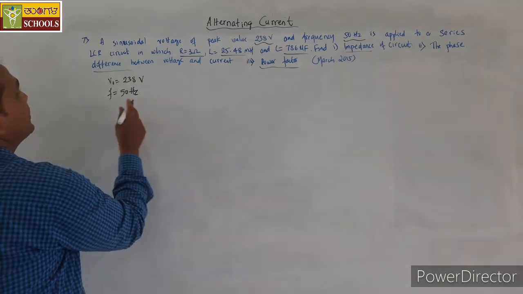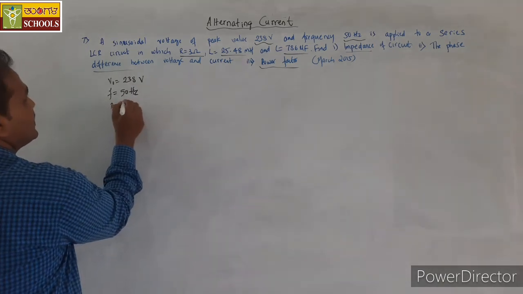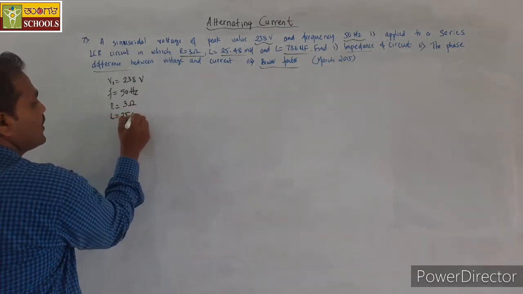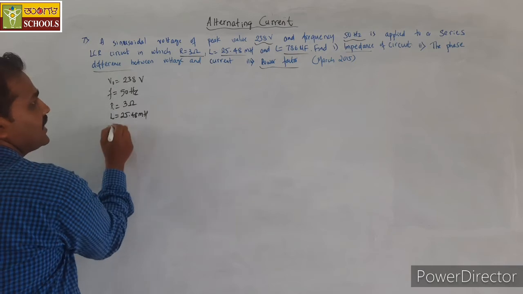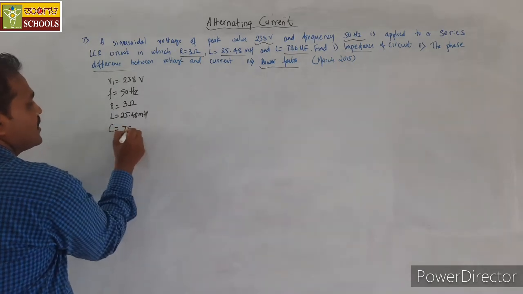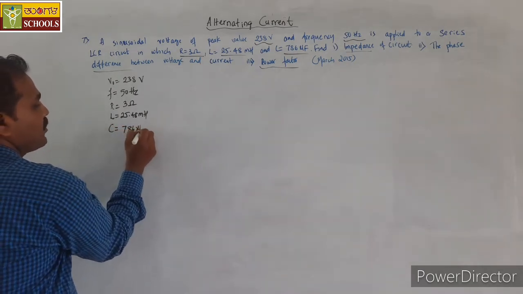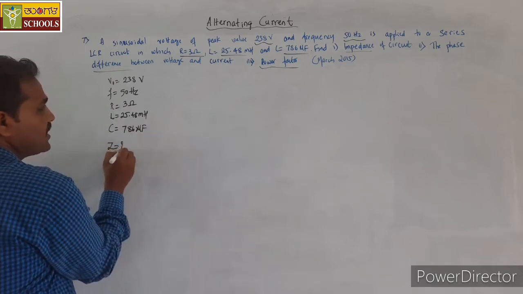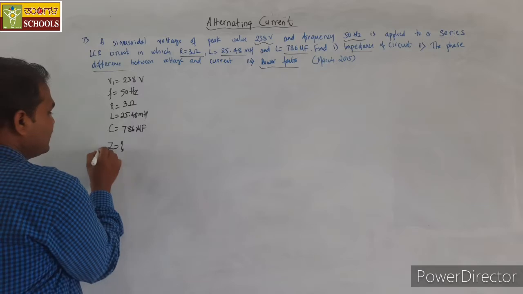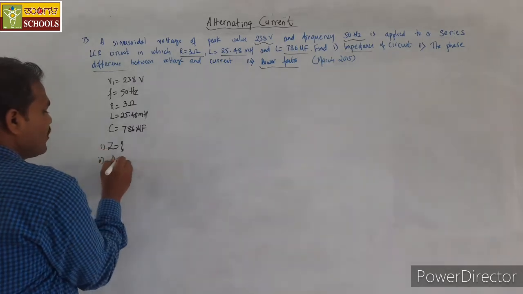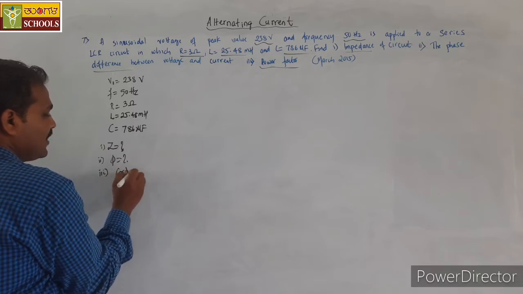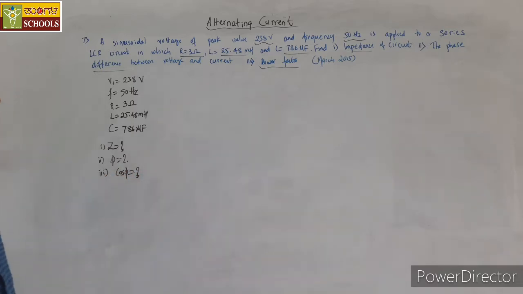Then resistance is 3 ohm, inductance is 25.48 millihenry, and capacitance is 786 microfarad. We have to find impedance of the circuit, then phase difference phi, then the power factor which is nothing but cos phi.